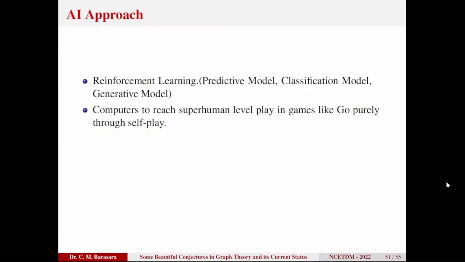Actually, with reinforcement learning, computers are reaching superhuman level in games like Go, purely through self-play. The first breakthrough came when the program called AlphaGo beat the human Go World Champion.